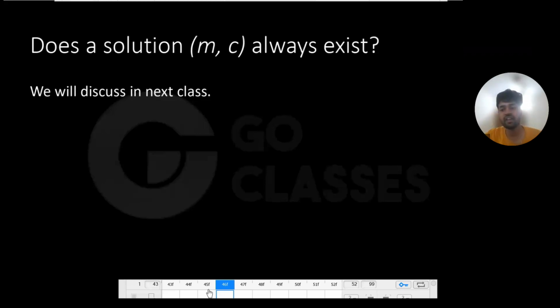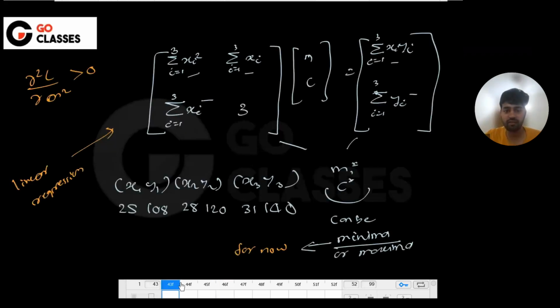Okay, so now there are some questions. We are coming up with a system of two equations, which is basically this. Does a system of two equations always have a solution? Note that it's not a homogeneous system, it's a non-homogeneous system. So it does not always have a solution, right? If these two lines are parallel, they never intersect, so there will not be a solution.